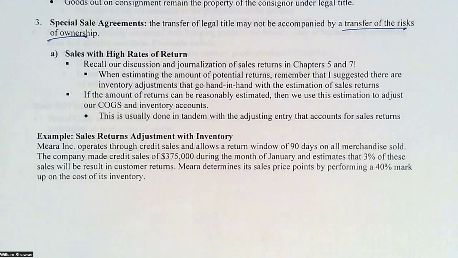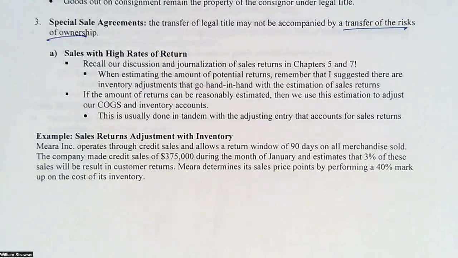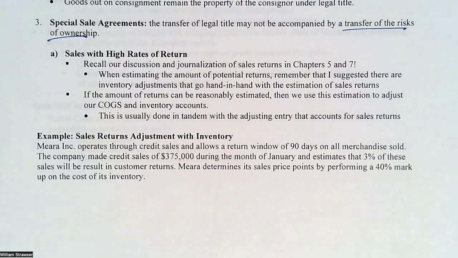Okay. So if I sell something to a customer and they have the right to return it, have I really transferred the risks of ownership to the customer? I haven't, because if something goes wrong with it, whatever it might be, they can return it. In this case, we've already looked at it from the seller side, right?